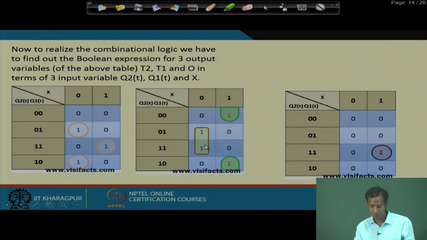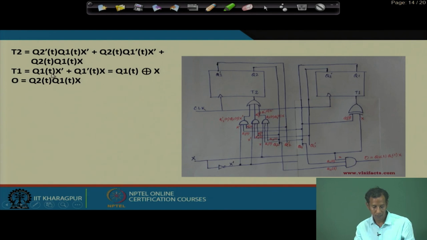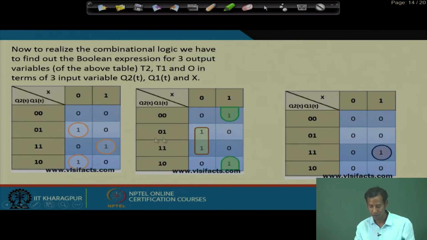For T1, this is what? This is Q1 x bar plus Q1 bar x. Okay. So, Q1 x bar is for what? Q1 x bar is for this one, and this is common for 0.